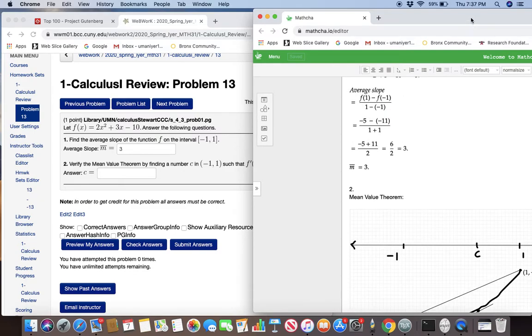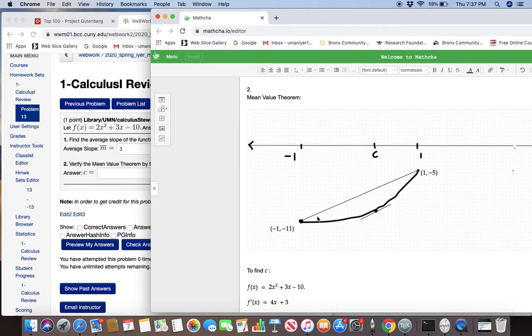What does the mean value theorem say? The mean value theorem says if my function is smooth, that is, differentiable in an open interval and continuous on the closed interval, then the slope of this line segment will be the same somewhere along the curve. Looks like here I have the same slope as the slope of the endpoints. The question is to find the x coordinate of that point.